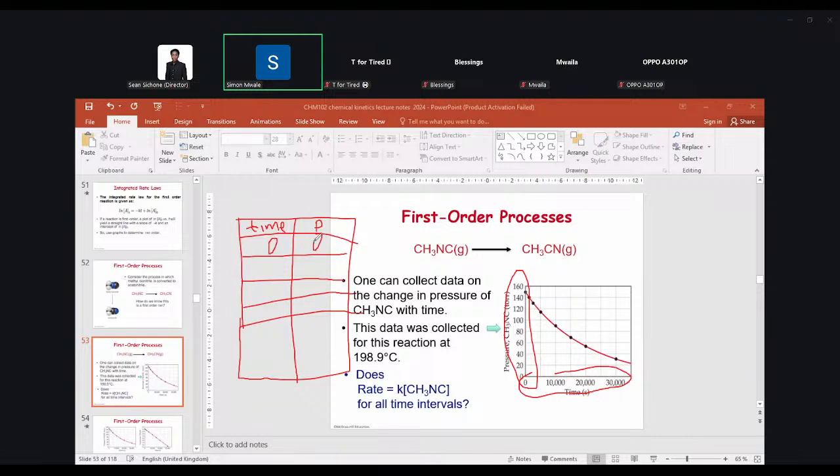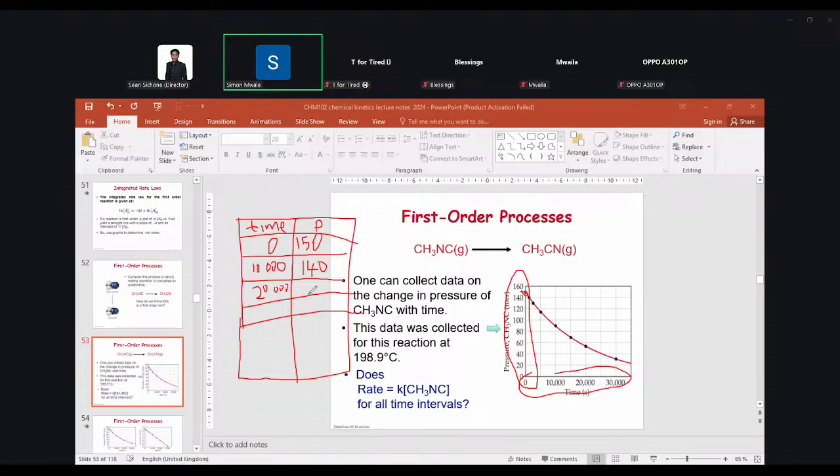You can see from the graph there, at time is equal to 0, it was about 150, somewhere here. Then this should be 140 here. Then at 20, so they can give you a table like this one.